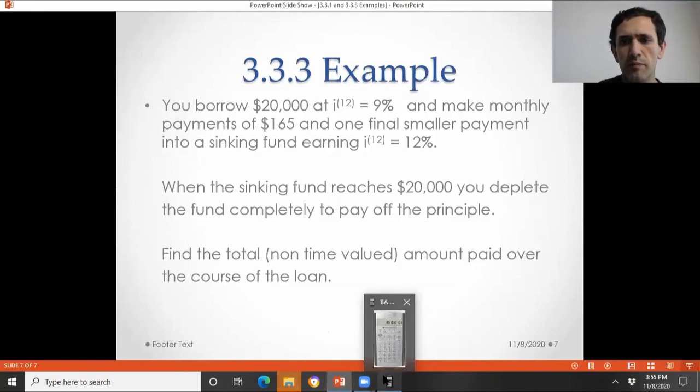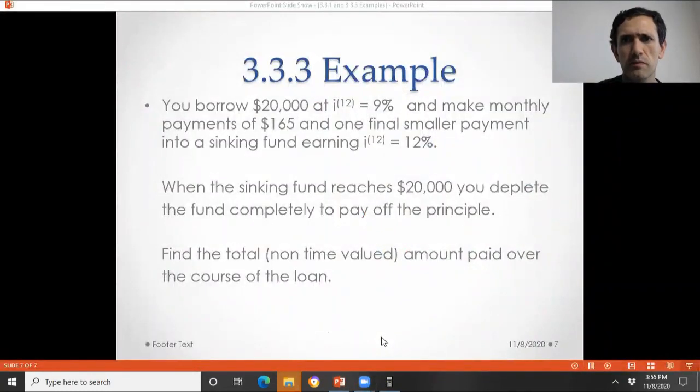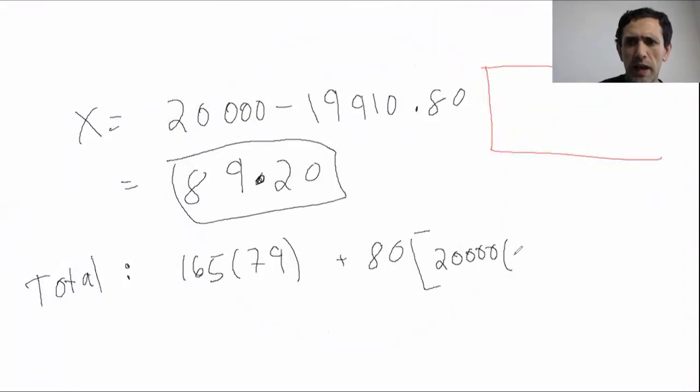Okay, so that tells us that we have to pay 20,000 times, sorry, the monthly loan interest rate.